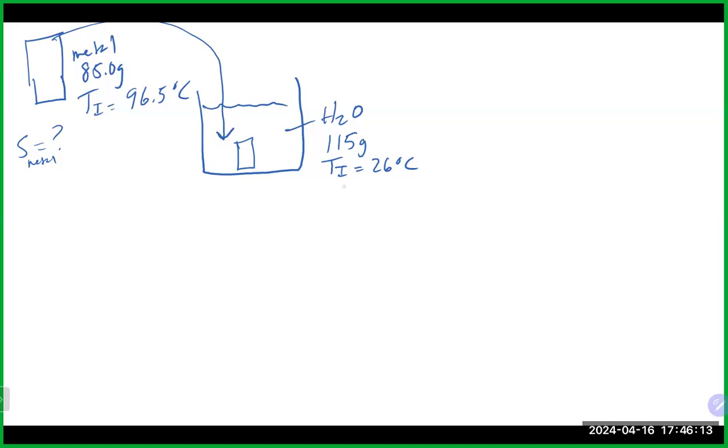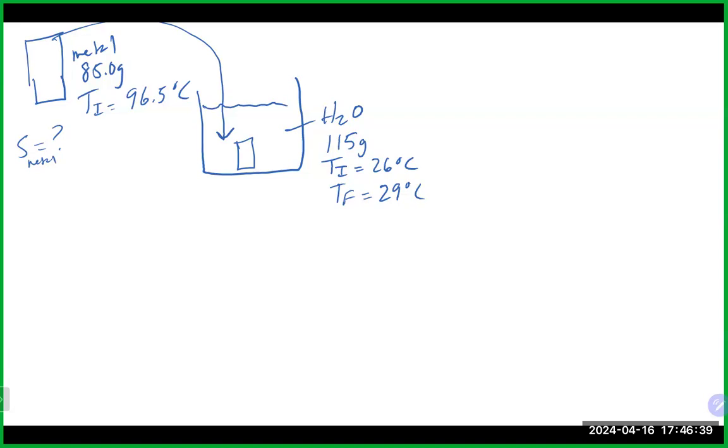So let's just say after we toss it in there, the final temperature of the water goes to, I don't know, we'll go with 29, why not? That also means that when that piece of metal is sitting in there, the final temperature of the metal should also be 29 degrees Celsius. It should really come to rest at the same temperature, right, as the water does.